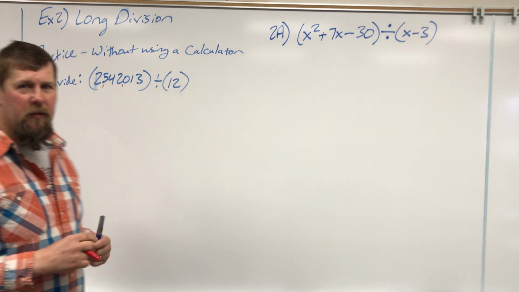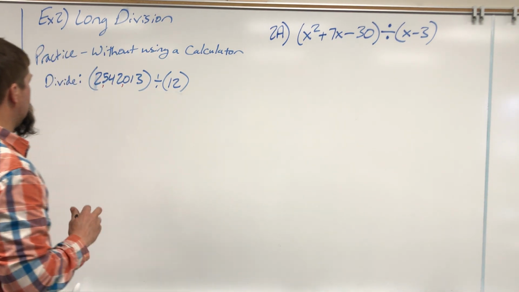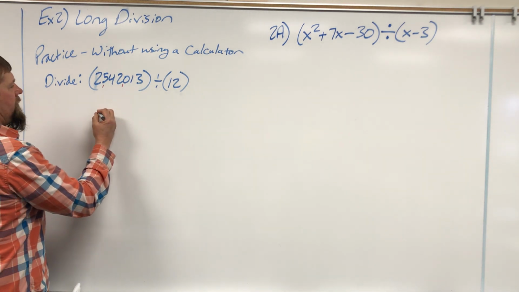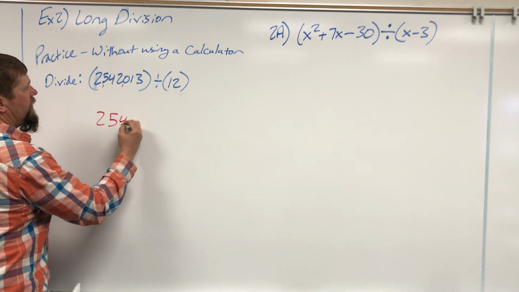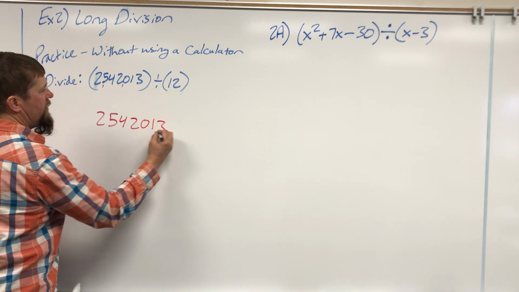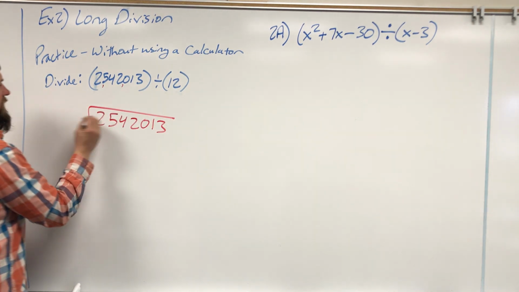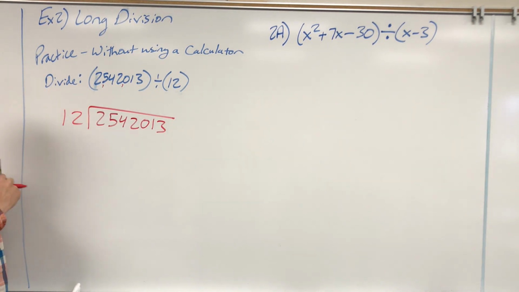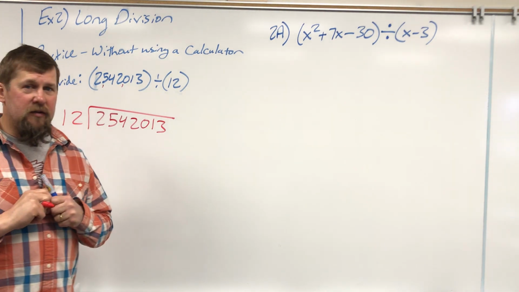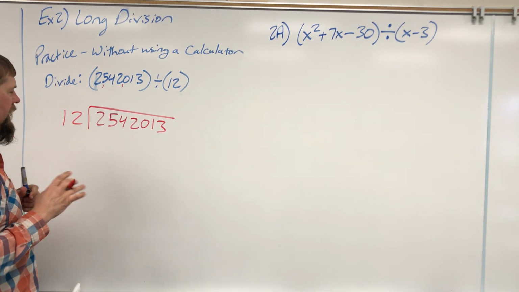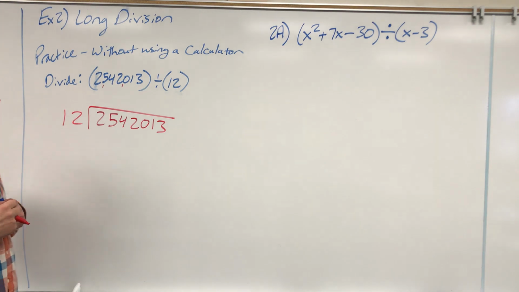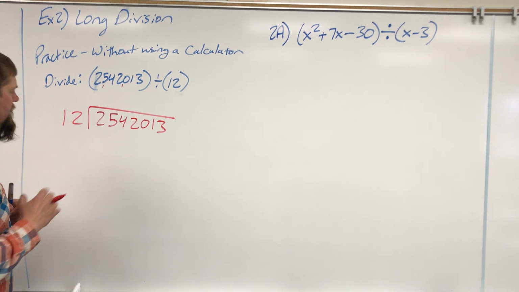I pretty much know all the multiples of 12, so I shouldn't need a calculator at all. Okay, 2, 5, 4, 2, 0, 1, 3, that gets put inside of the division bracket with the 12 on the outside.